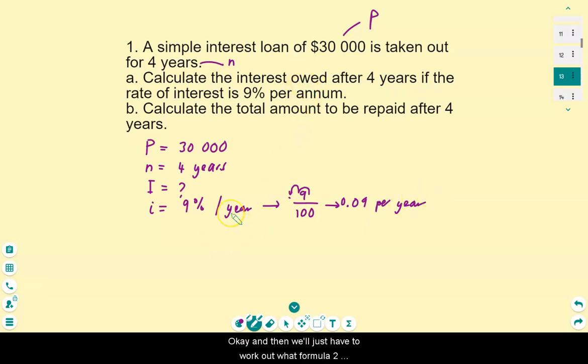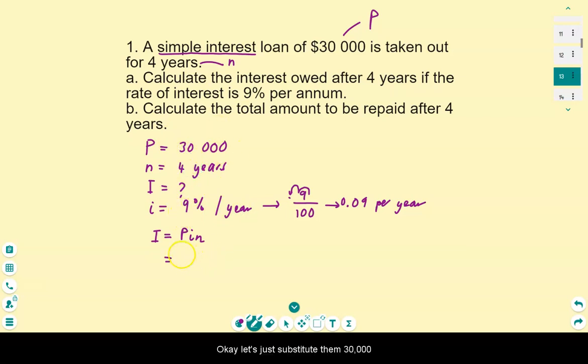And then we've just got to work out what formula to use. So it'll either be the simple interest formula or the compound interest, and they give us this. So we're going to be using that PRN formula. I equals PRN. Now we have all of our little variables there.